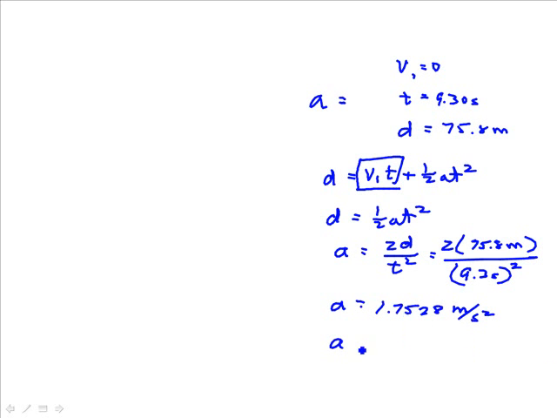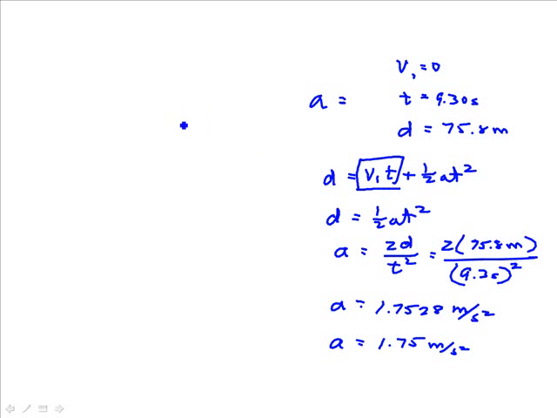And so you probably round that to 1.75 meters per second squared. That's the acceleration. Now, an alternate method would be to use the final velocity that we calculated in the previous part of the solution.